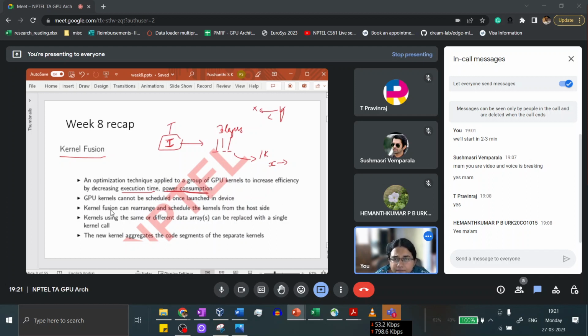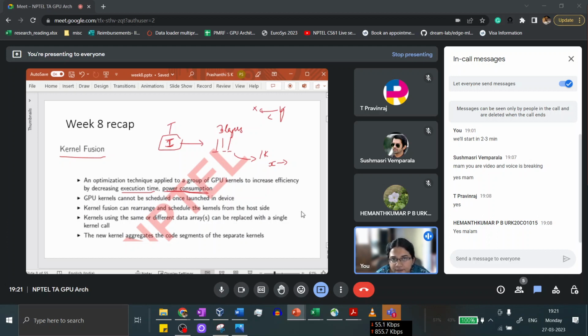Kernel fusion basically rearranges and schedules the kernels from the host side. Once you launch them to the GPU, you have no control over how they are scheduled. That's done by the scheduler. So what you need to do to change something about how the kernels are executed is to rearrange or fuse the kernels from the host side itself.